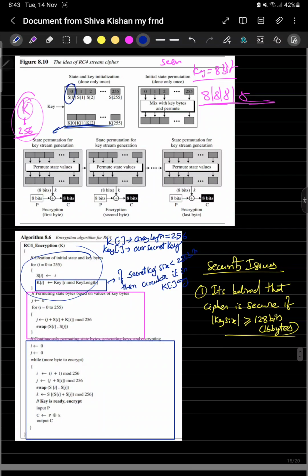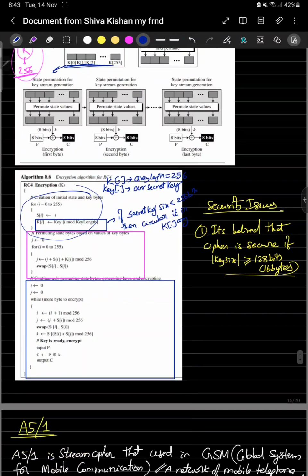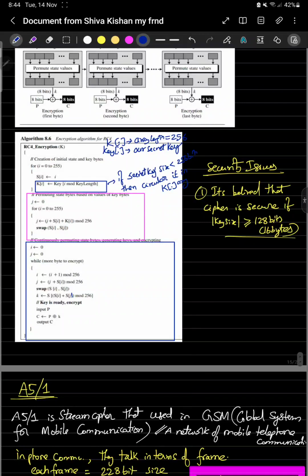That's why we write S of 0 as 0, S of 1 as 1, up to S of 255. Just listen once more. No need to remember this whole thing. Sir will not ask about it. Sir will give you code only, and will ask you to compute some values, like in the quiz. That's it. And again, key length.